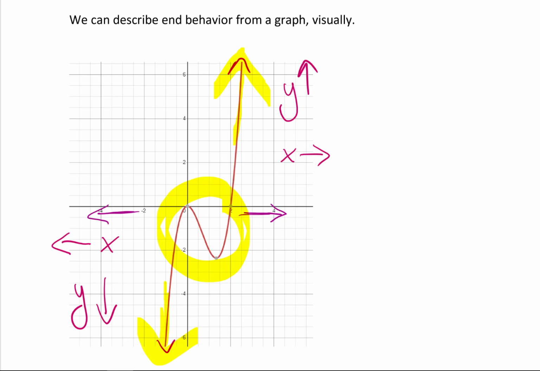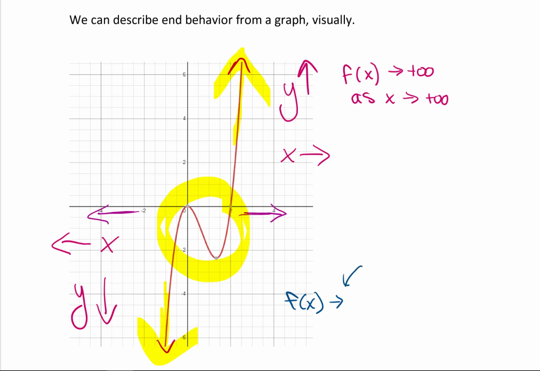In the past, you may have said f of x, which is our fancy notation for y, approaches positive infinity as x approaches positive infinity, meaning as the x values get really big towards positive infinity, so do the y values.